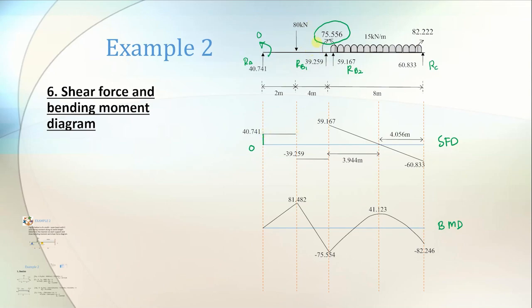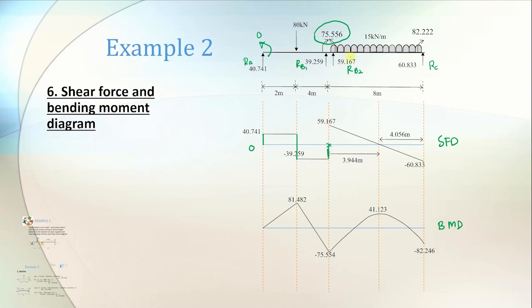Then there is an 80 kilonewton load, therefore 40.741 minus 80, then you get negative 39.259. No load at all after that, so it becomes a straight line again. And then you see there is RB1 which is 39.259, so it goes up to zero again.